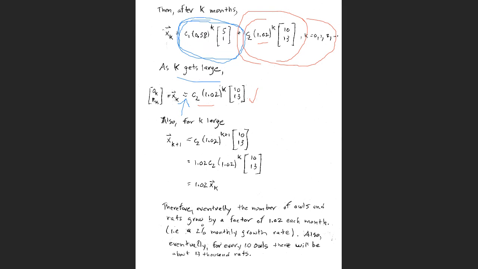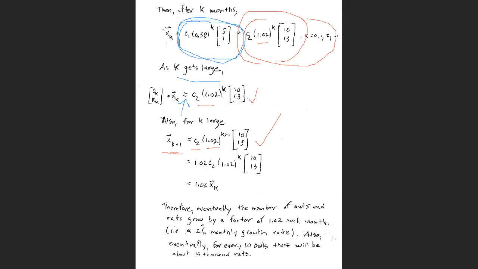Now, that means when k is large, we can also say that in the k plus first month, the owl and rat populations would be approximately equal to C2 times 1.02 to the k plus first power times the eigenvector 10, 13. But look what I can do.